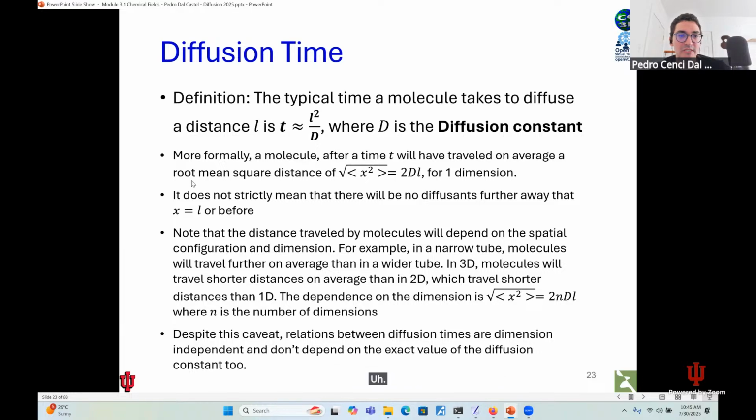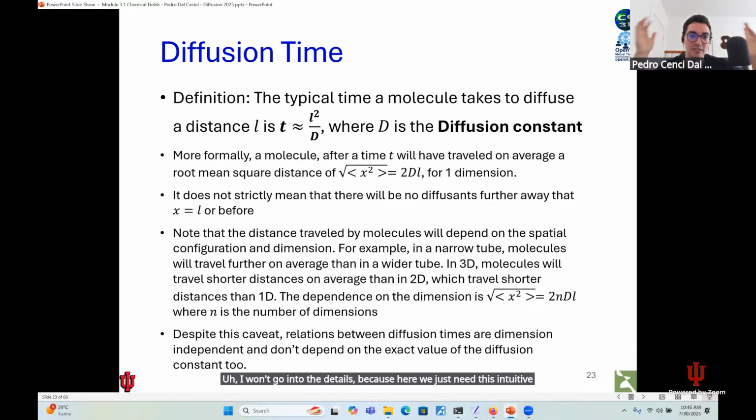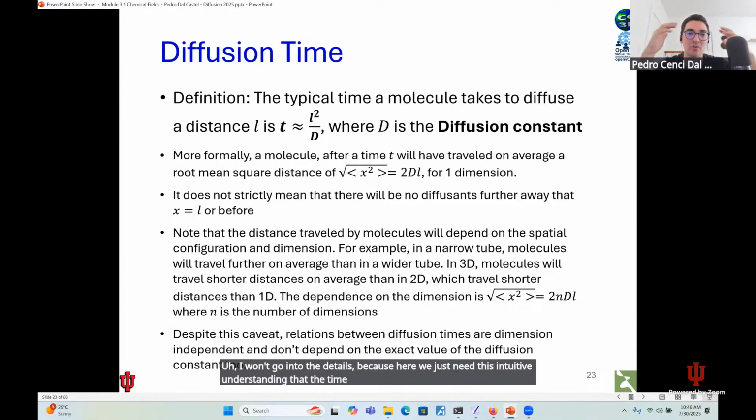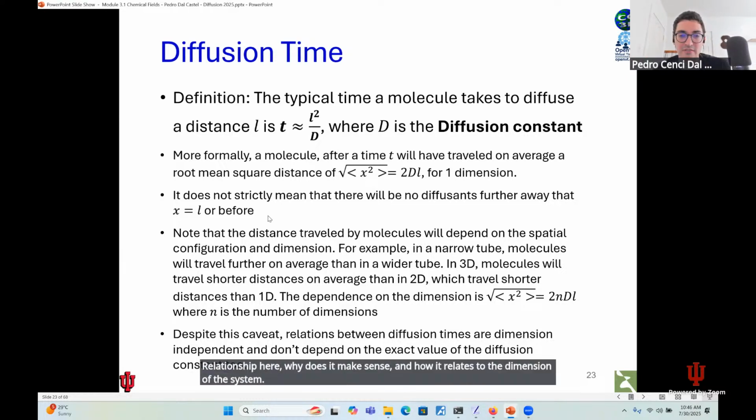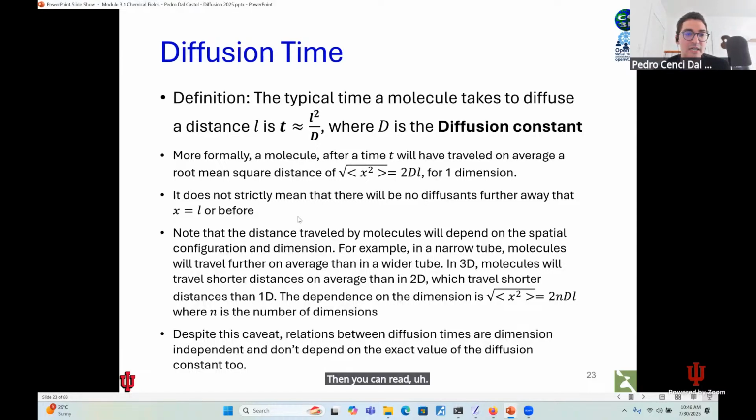I won't go into the details because here we just need this intuitive understanding that the diffusion time goes with the square of the distance. But if you really want to be formal and understand what the exact relationship is, why it makes sense, and how it relates to the dimension of the system, then you can read this whole slide here.